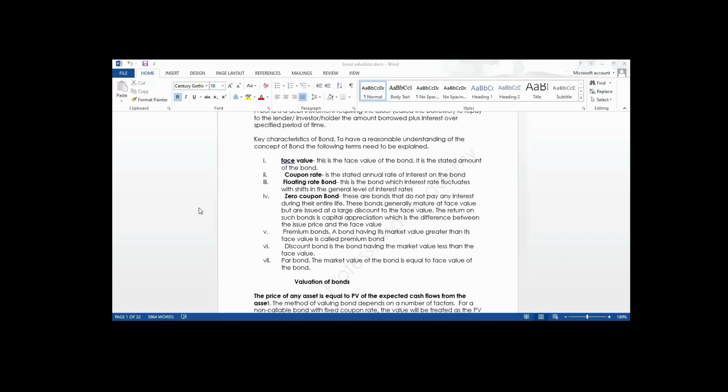If you are required to value redeemable bond, what is redeemable bond? A bond with a specific repayment date. If you are required to value redeemable bond, you are going to calculate the value as the present value of the expected future cash flows from the redeemable bond.